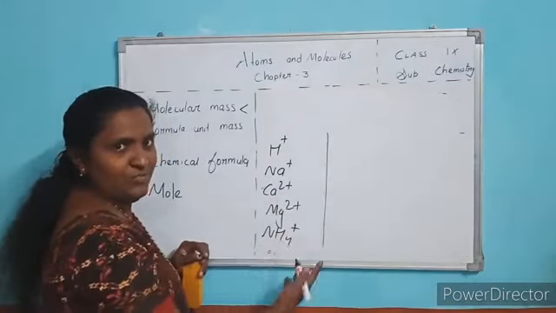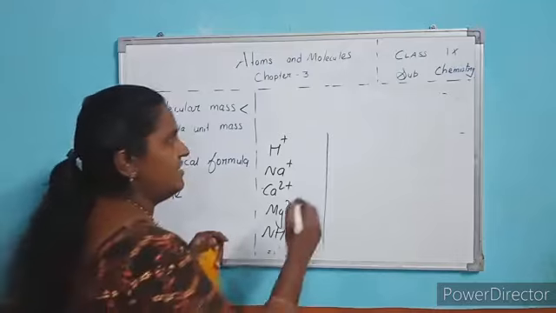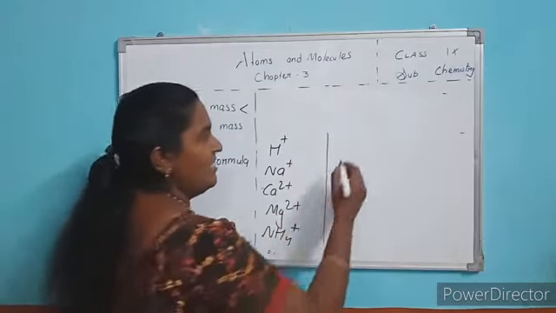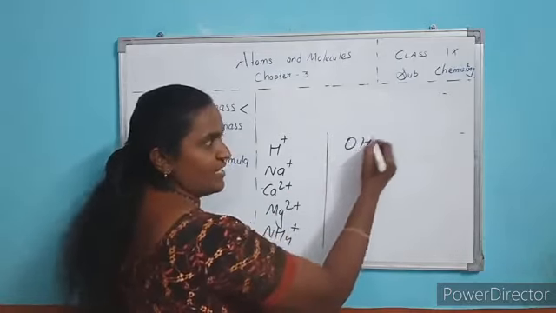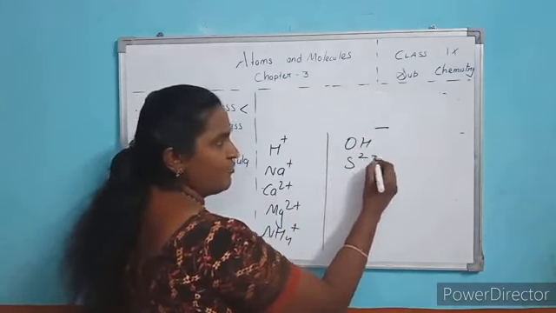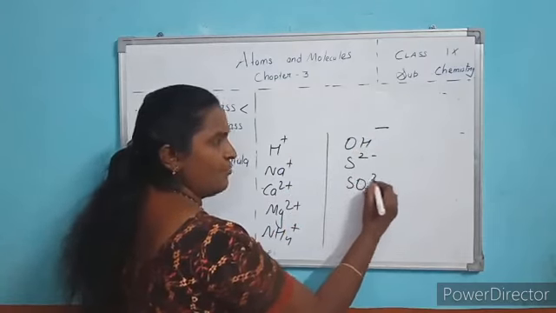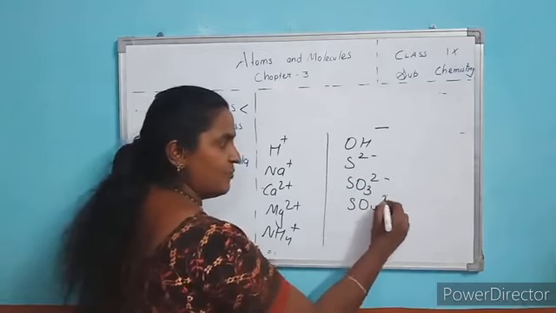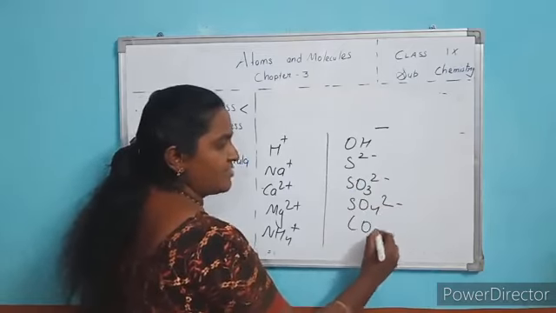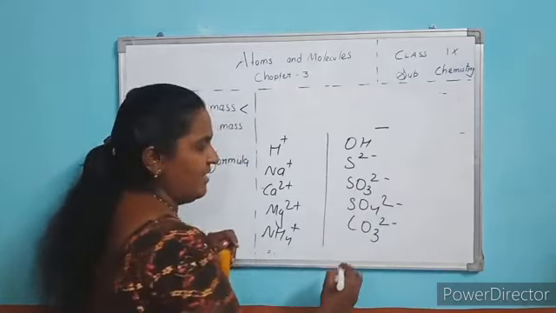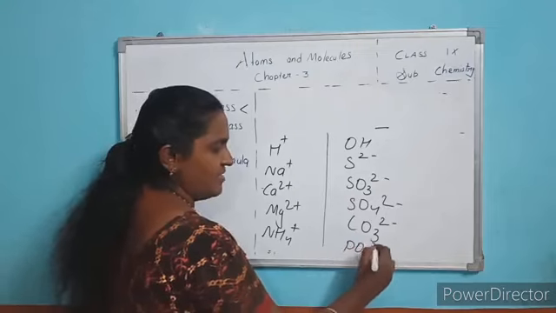These are the positive charged particles or positive charge ions, and negative charge ions: hydroxide minus, sulfide 2 minus, sulfite 2 minus, sulfate 2 minus, carbonate 2 minus, and phosphate 3 minus.